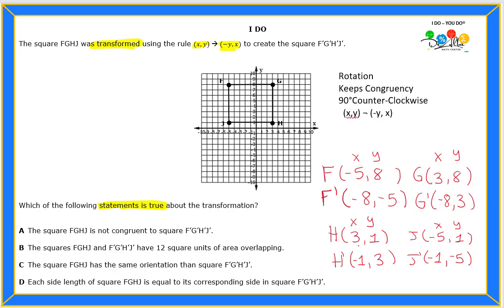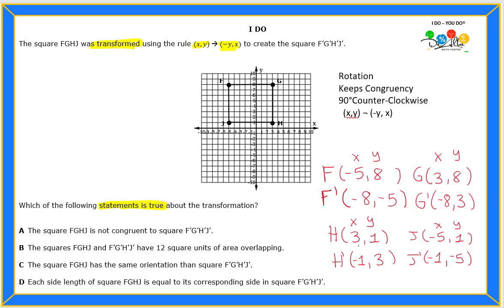Okay, so now that I have those points, we can graph them because we're trying to find out whether they're going to be congruent or anything like that. But we do know that the only one that changes in shape, and not only shape but in size, is when you do a dilation, not when it's a rotation. In a rotation, you keep exactly the same thing.